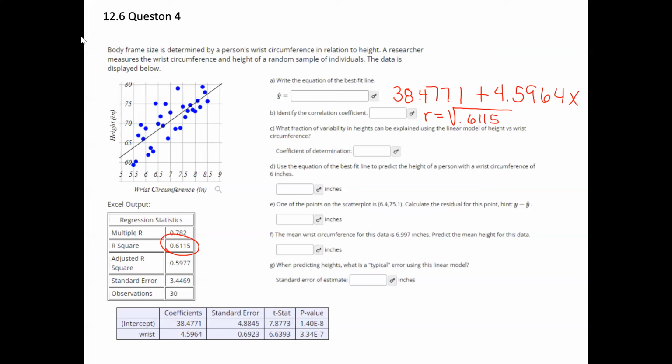I take my handy calculator and take the square root. What's the coefficient of determination? Well, they give me that because I just circled it. r squared is the coefficient of determination. It is the 0.6115.